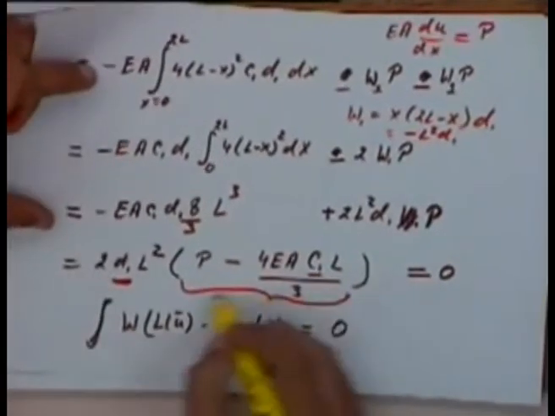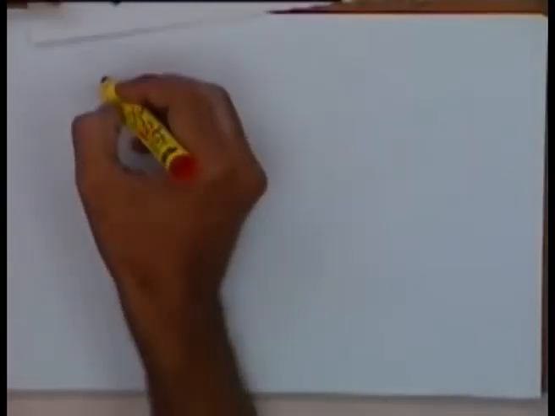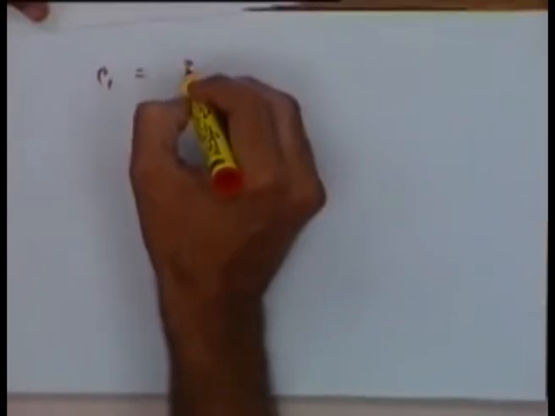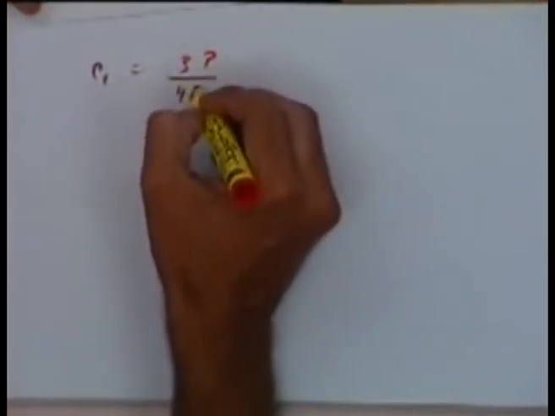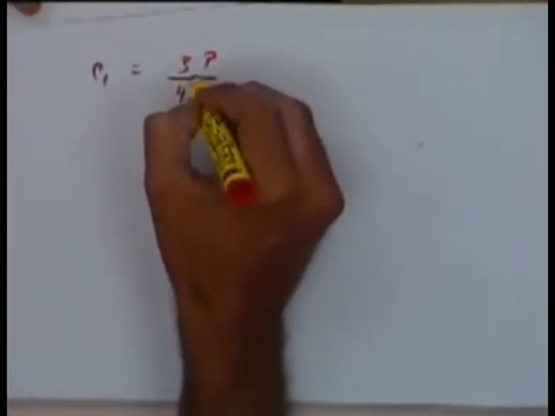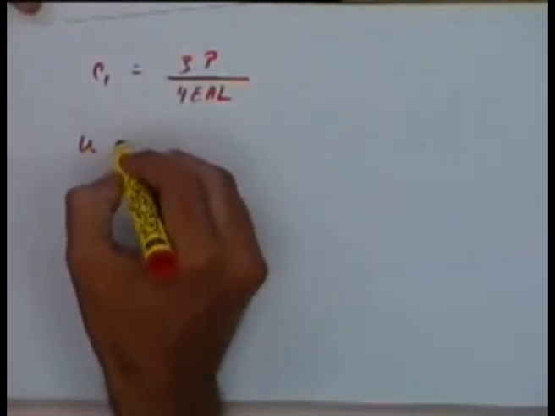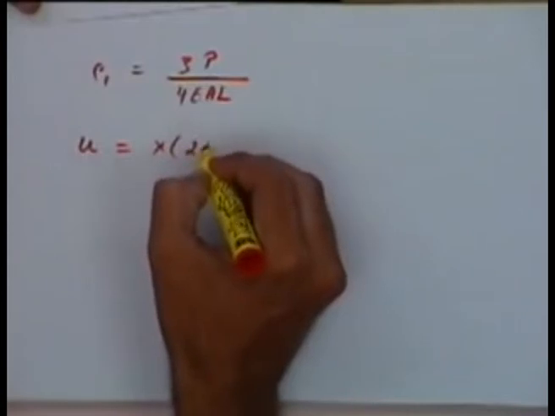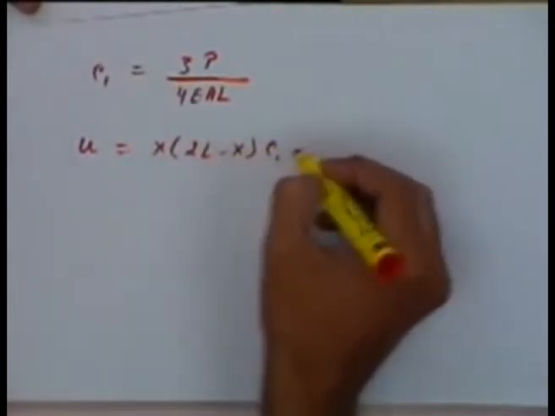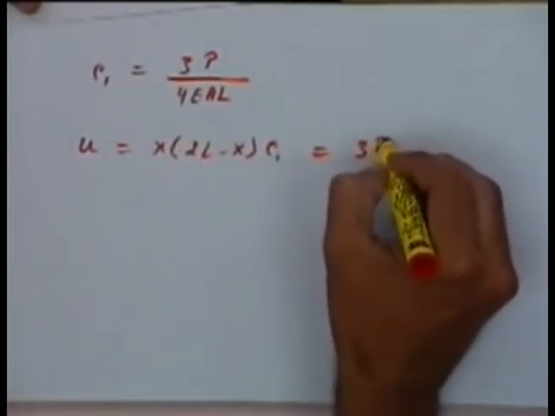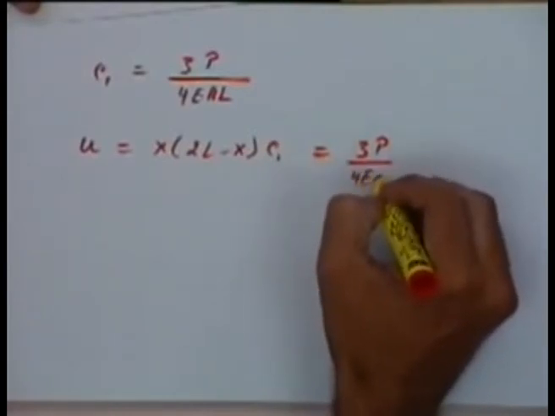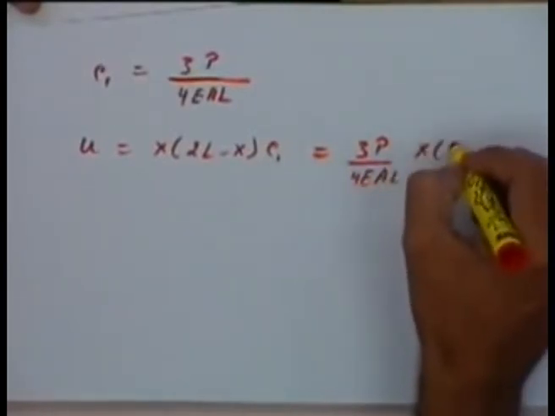So if you put this term equal to 0, we will get C1 to be equal to 3P by 4EAL, and we have taken U to be equal to X into (2L minus X) into C1, that will become equal to 3P by 4EAL into X into (2L minus X).